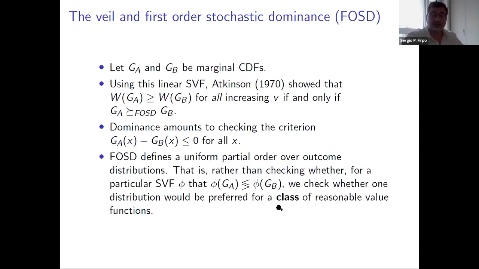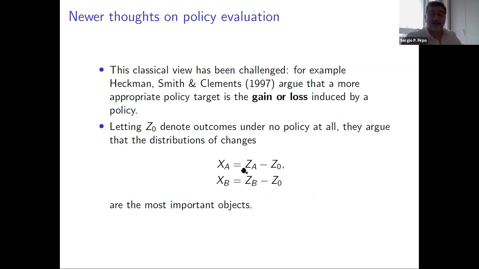But that's not what you're doing here. Let's say that ZA is a variable distributed under GA, and ZB is a variable distributed under GB. Those are the potential outcomes of receiving treatment A and treatment B. So instead of looking at ZA and ZB in levels, we are subtracting the initial value, or what would have happened to individuals in the absence of treatment. That's Z0, and Z0 is not a constant.